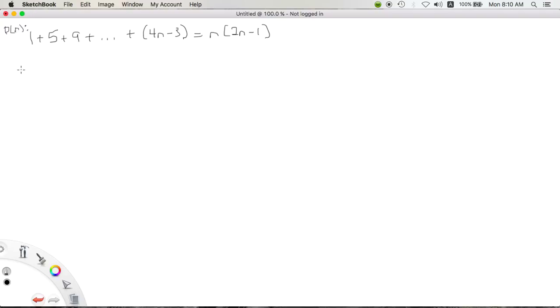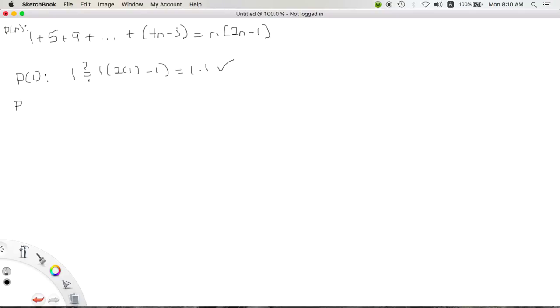And so what do we start with? Right, we start with the anchor. We start by showing it's true for the first term. So is 1 equal to 1 times 2 times 1 minus 1? So 1 times 1, yes, the anchor is true. So you just write it out to show that the anchor is true.